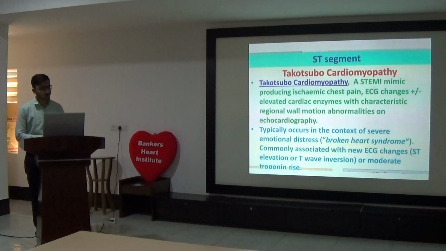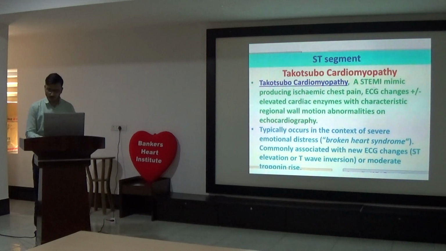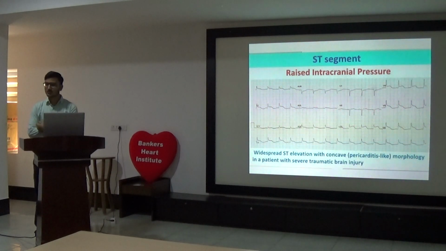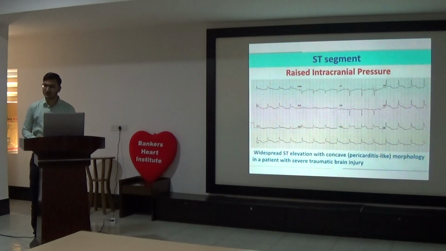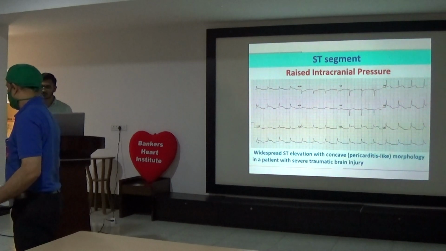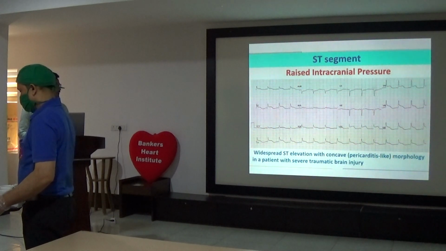Next one is Takotsubo cardiomyopathy. If you have been given this ECG without the history, will you say this is raised intracranial pressure? We have to evaluate clinically. No, just in an exam you have been given this ECG. Now diagnose.